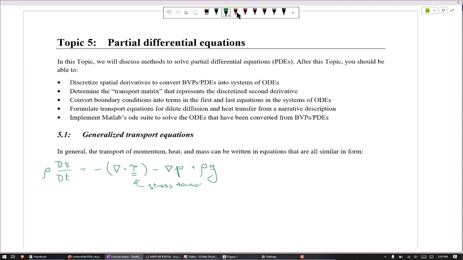You can also write down your heat transfer equation. So your heat transfer equation is rho Cp, the time derivative of temperature, is equal to minus del dot phi, where phi is your vector of heat flux, and that's in units of watts per square meter.